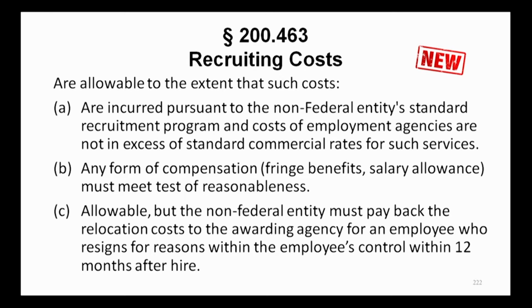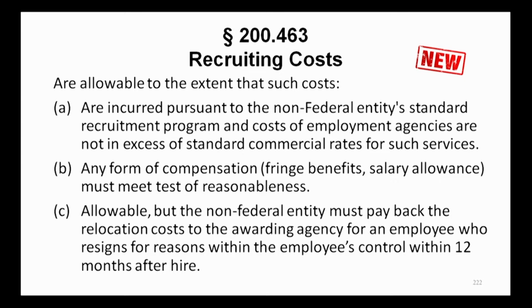463 and 464 is a quite expanded section for us on recruiting cost and relocation cost. New stuff we haven't seen before. So it clarifies that they are allowable to the extent that those costs are incurred pursuant to the federal agency standard recruitment program.